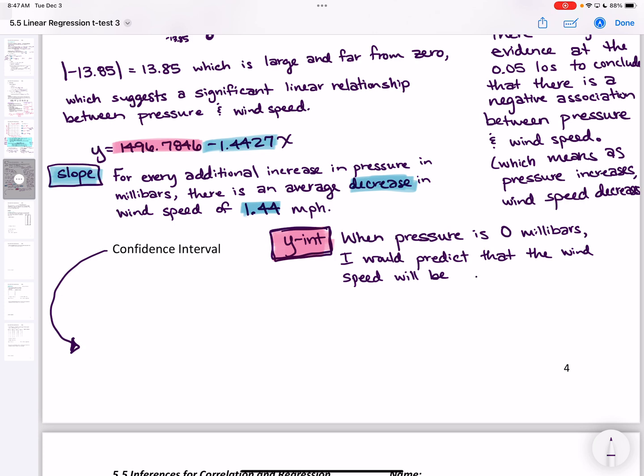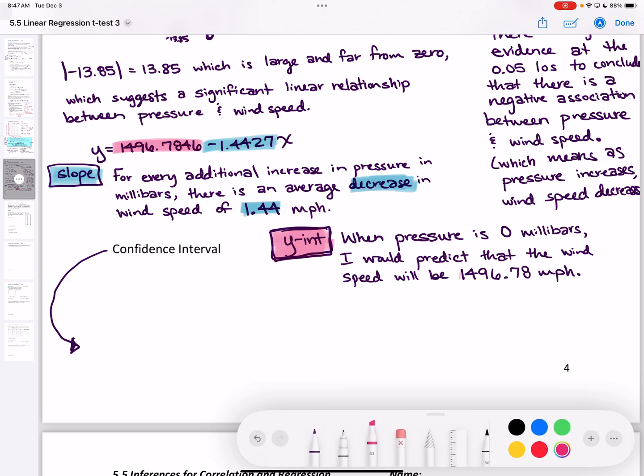When x is 0, y will be what? Yep, 1,496.78 miles per hour. Let us pray that does not happen, because that would rip everything to shreds.